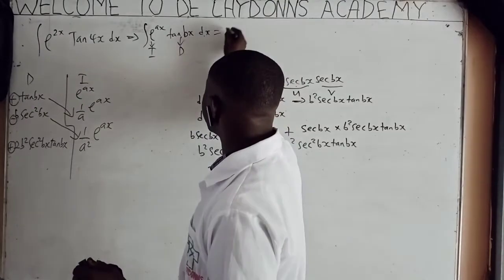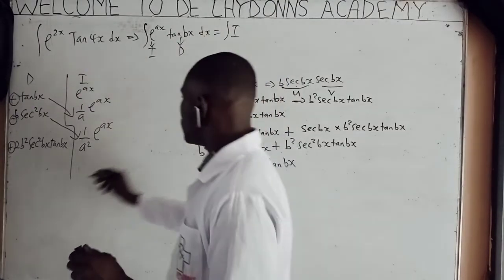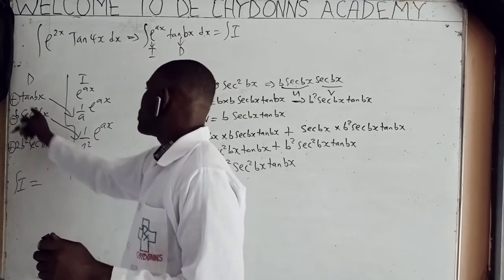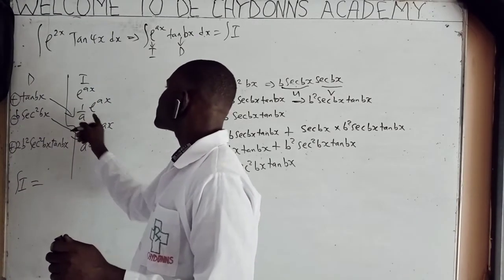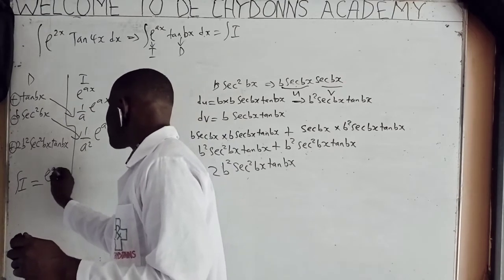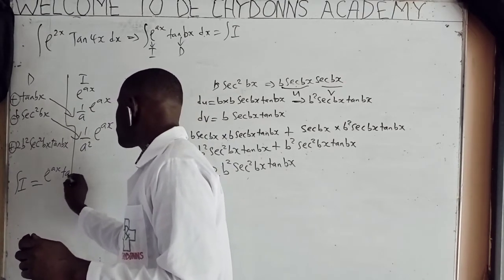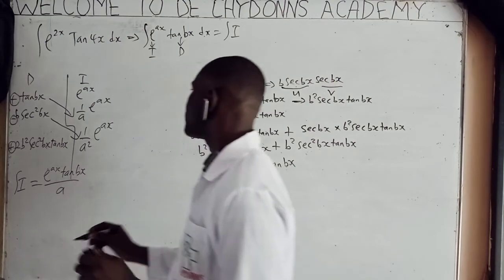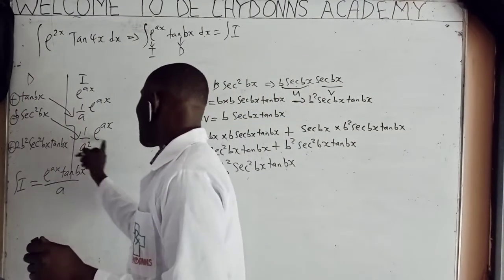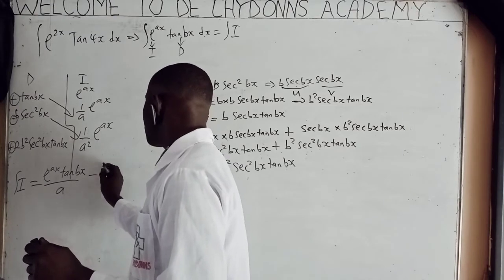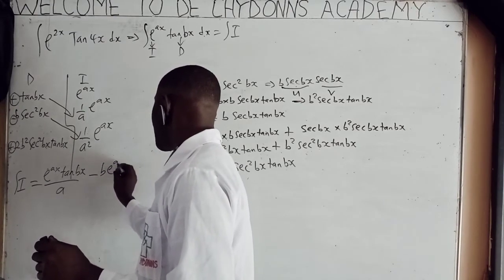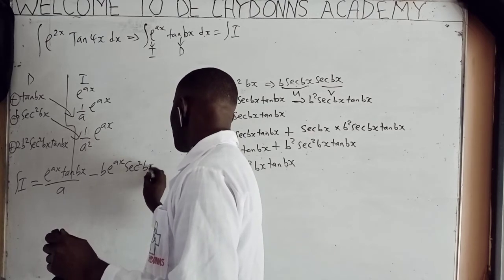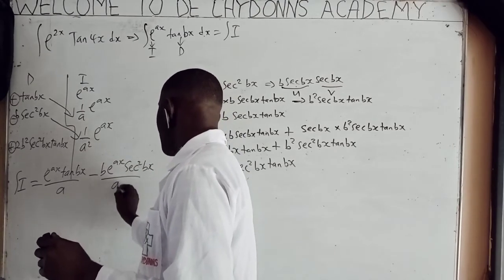We call everything here exponential I. We now say exponential I equals this times this. That will be giving me exponential ax times tan bx all over a. Then this times this, minus b exponential ax sec square bx all over a squared.